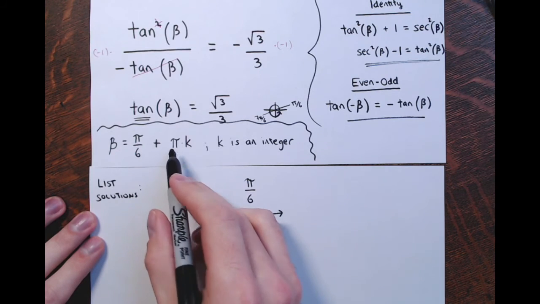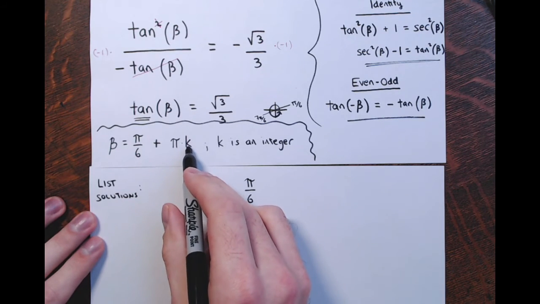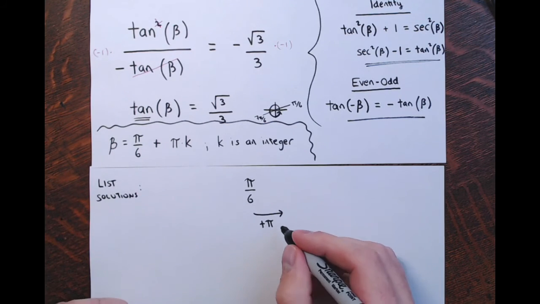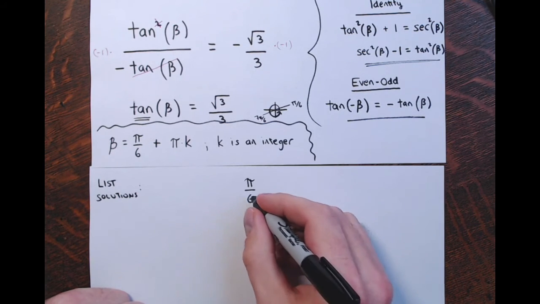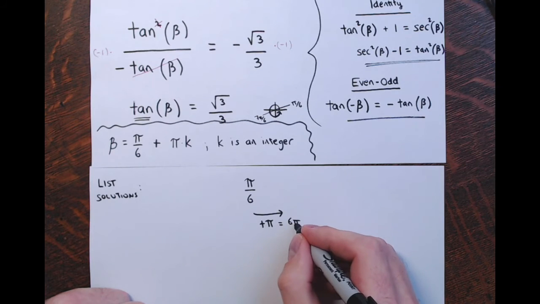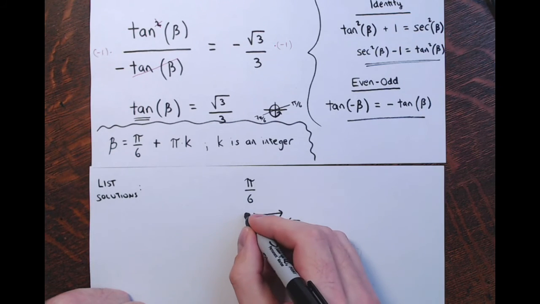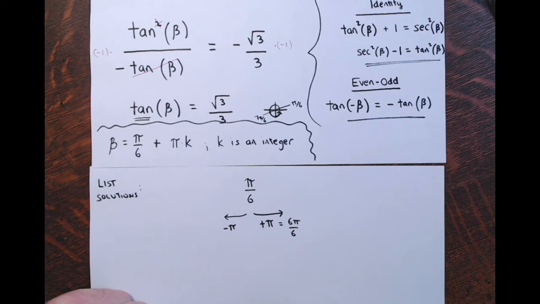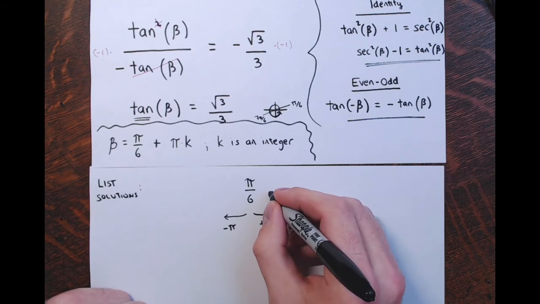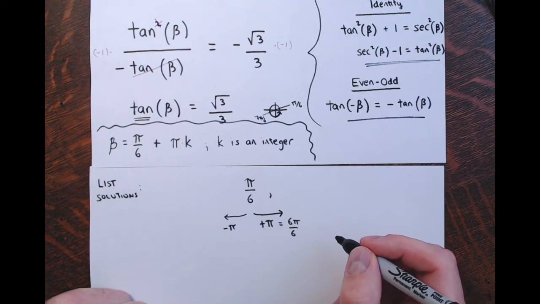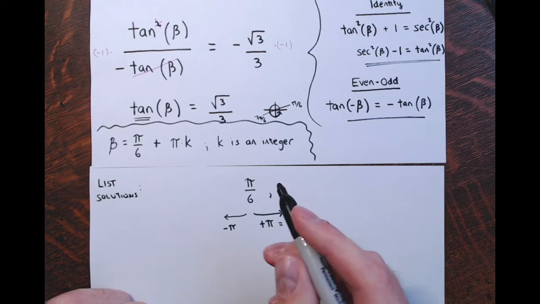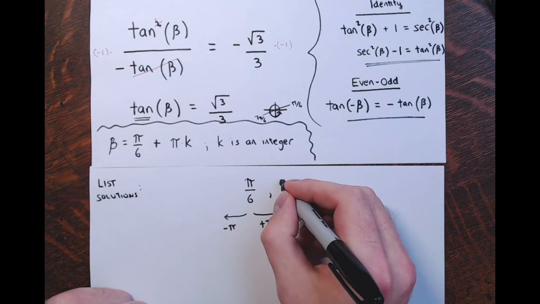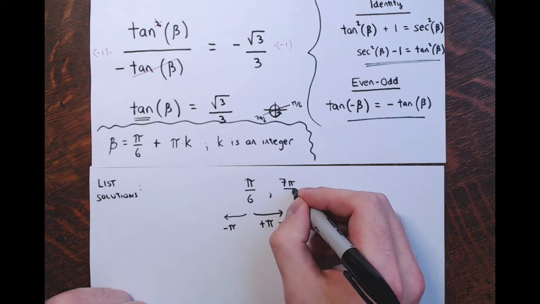It's k times pi, so every time I increase k by 1, I get a new solution that's pi bigger. Now if I get a common denominator here, that's 6 pi over 6. And going this direction, I'll be subtracting pi to get other solutions. Alright, so pi over 6 is one solution. Adding another pi, 6 pi over 6, would be 7 pi over 6.